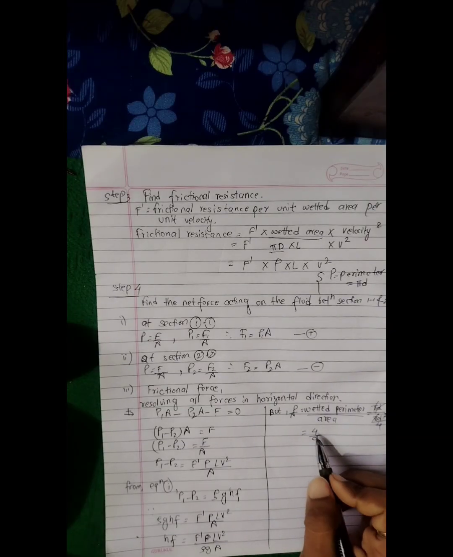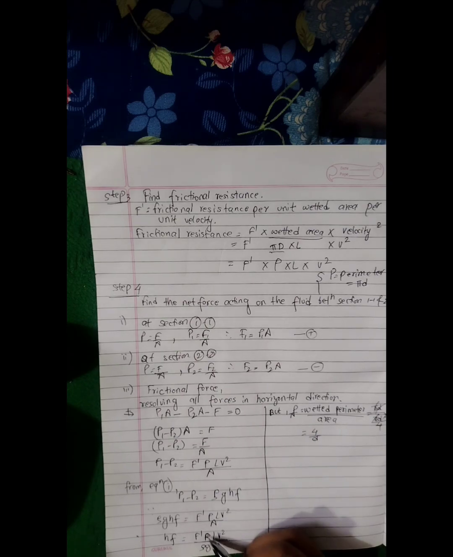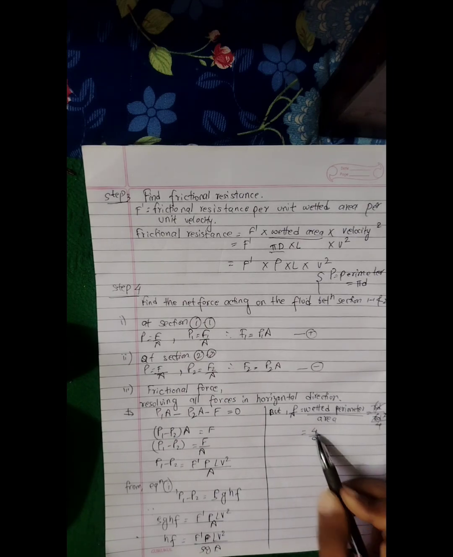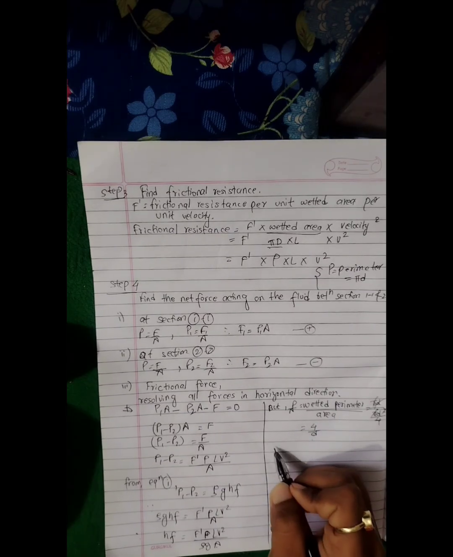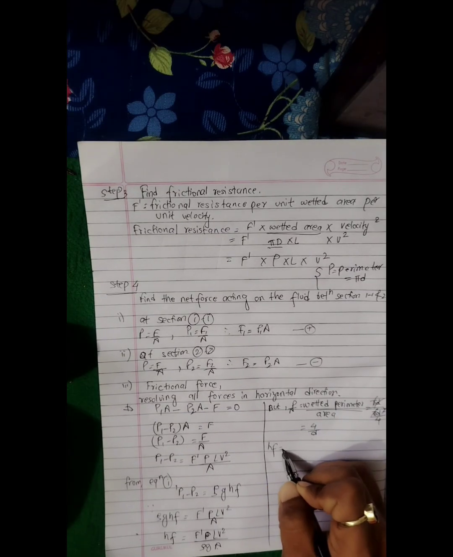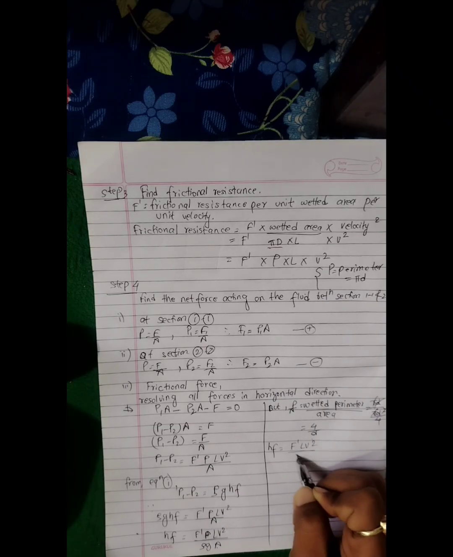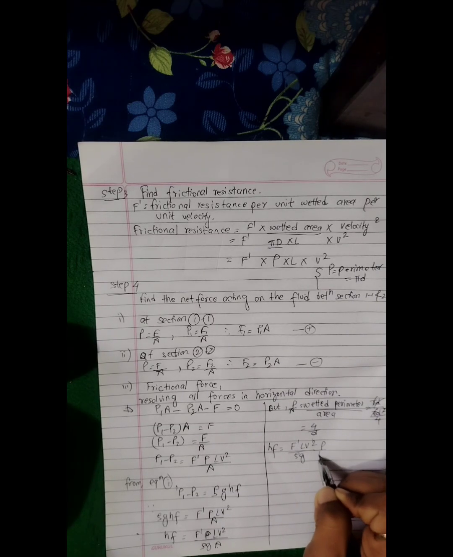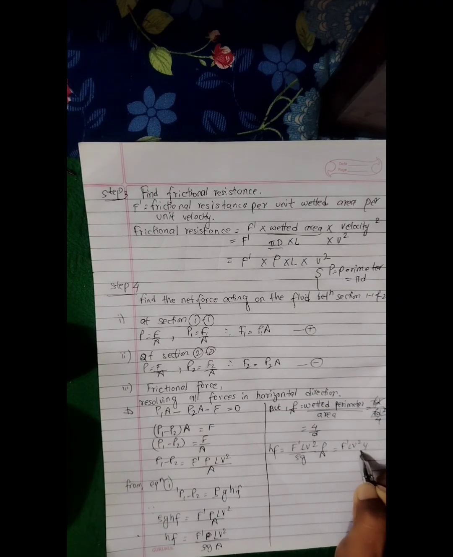Again substituting the values, f dash L V square 4 by d rho g.